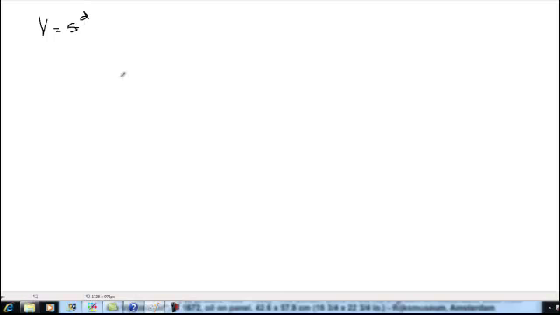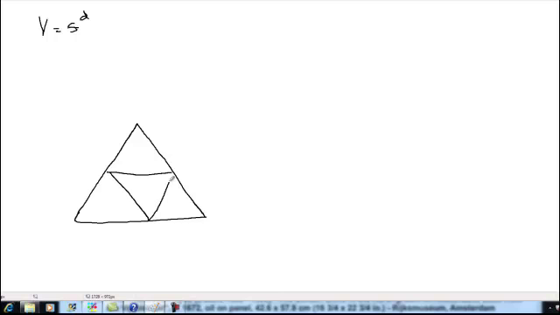Well, here's an example of one. If I take a triangle, so let me draw a triangle as best I can, and from that triangle I'm going to remove a similar triangle in the middle, an upside down version of it, and just get rid of that area. And then from each of the 3 triangles that remain, I'm going to remove the middle piece.